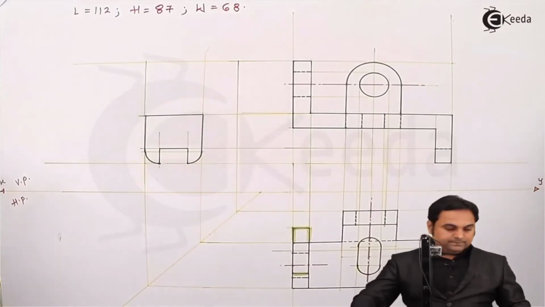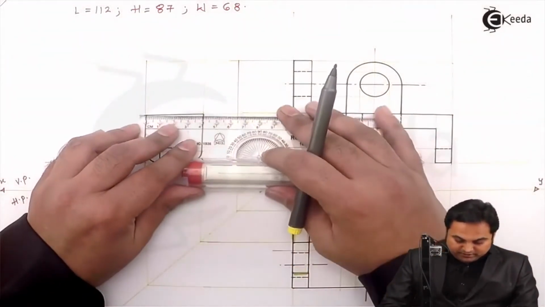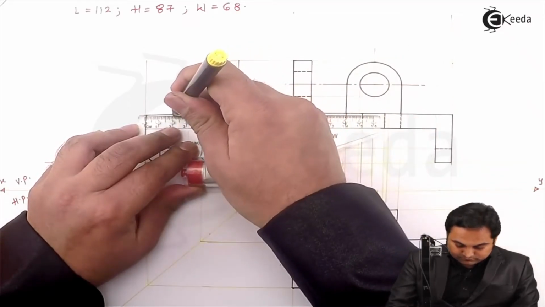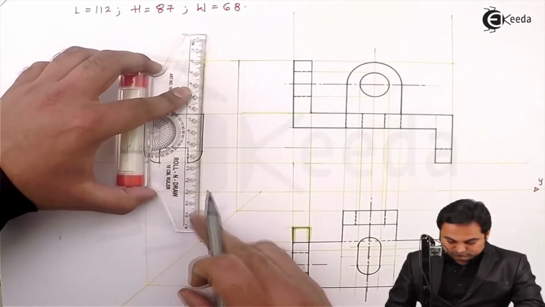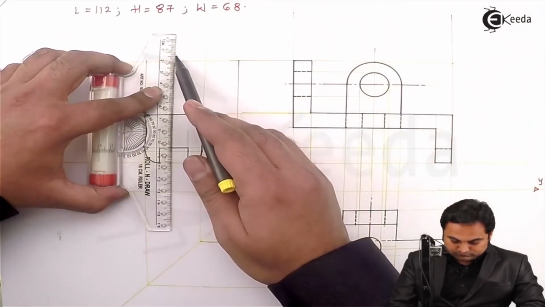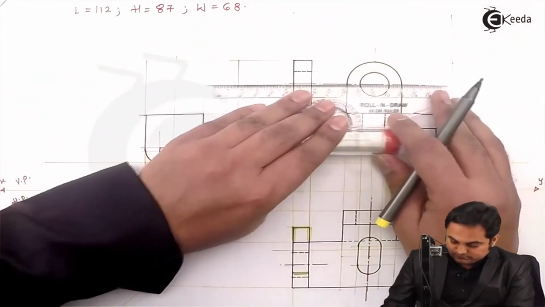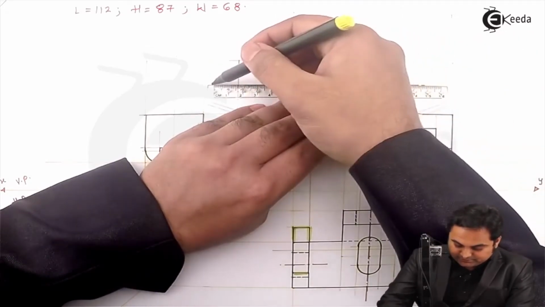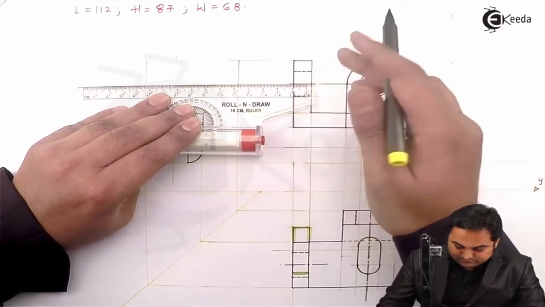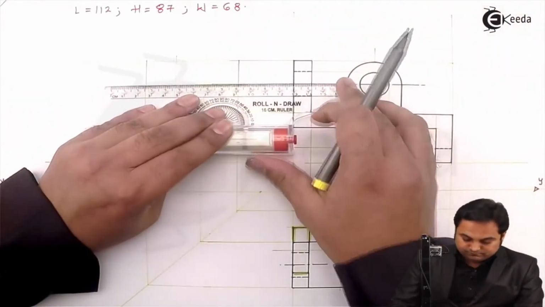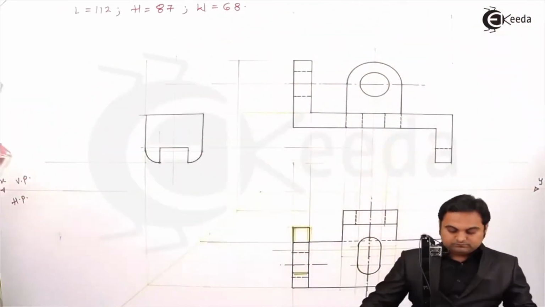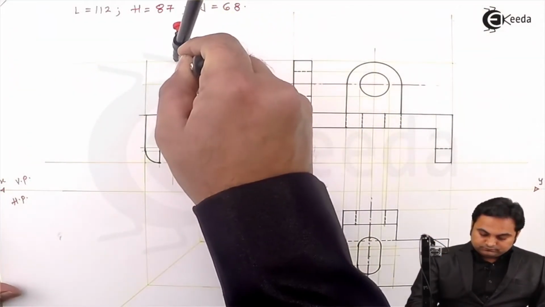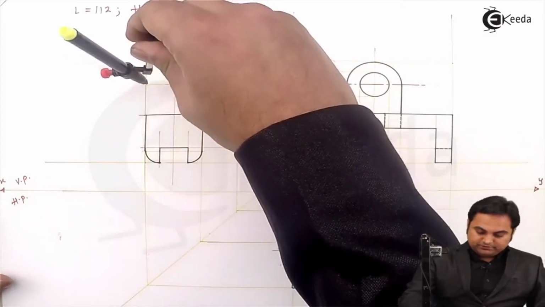For that, I'll take half of this distance, that is the width here. Projecting the center for the semicircle. Then drawing this semicircular part.